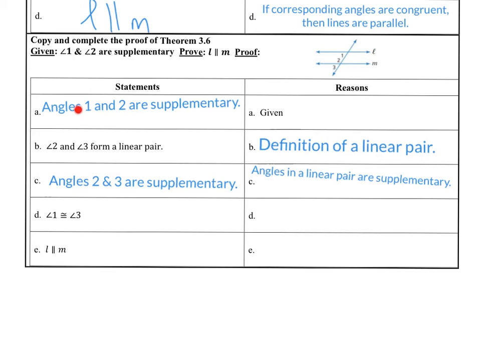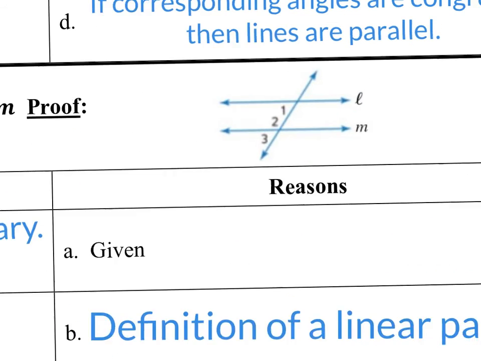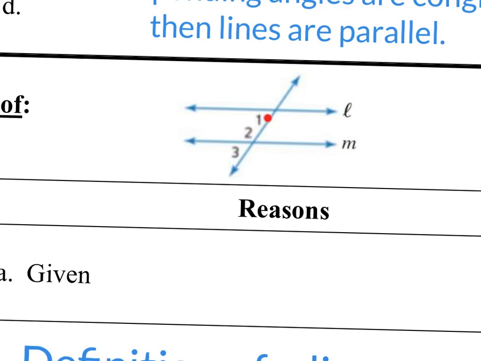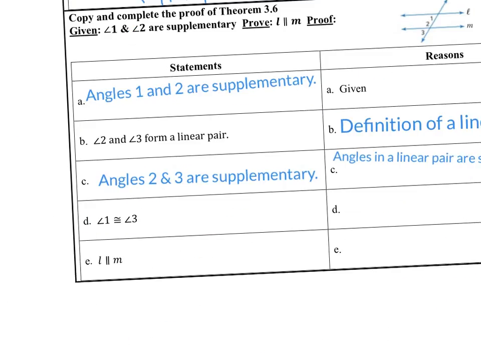So we've talked about angles 1 and 2 being supplementary, and that angles 2 and 3 would also be supplementary. So if angles 1 and 2 are supplementary and angles 2 and 3 are supplementary, then that should be enough evidence to say that angle 1 is something, angle 2 is something else, but angle 3 would be the same something that angle 1 is, because there can only be 2 different angle measures in this example.